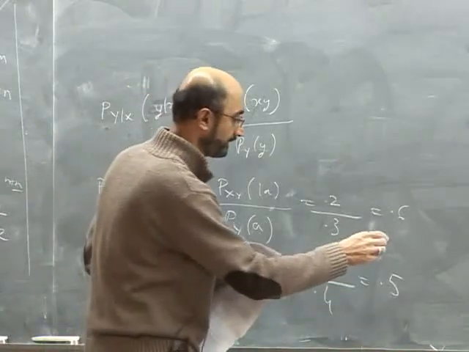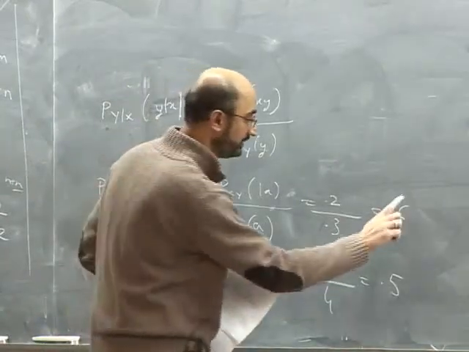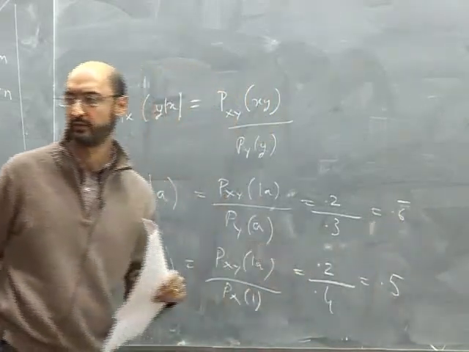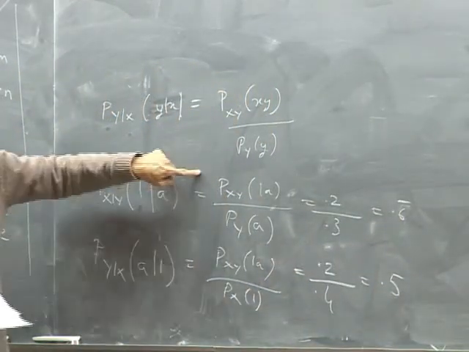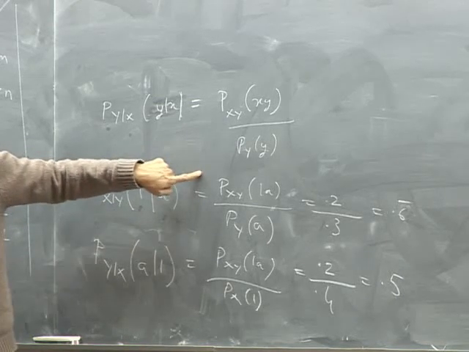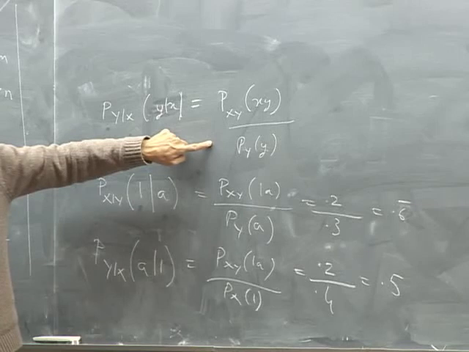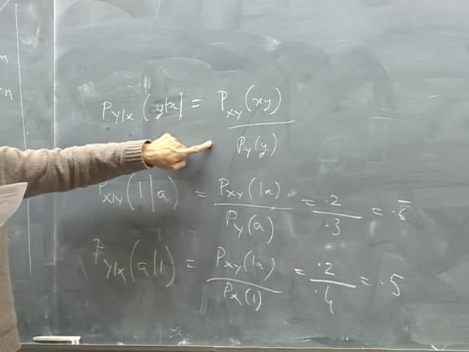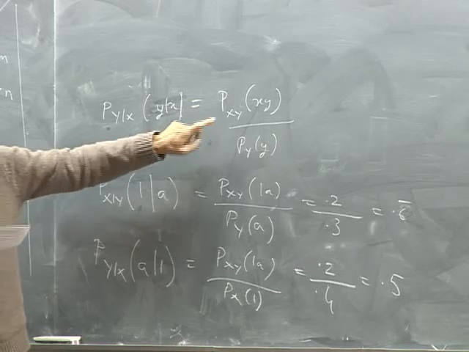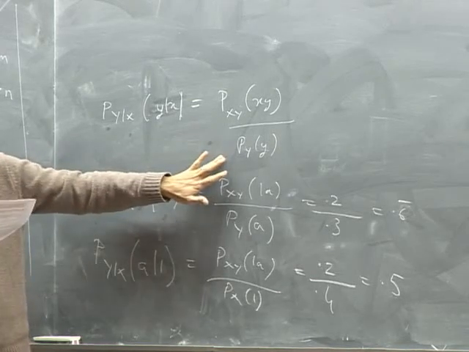It's 2 by 3. Well, it's 0.666, whatever. I was going to put the bar on top. Okay, this one. Yeah. Say that again. It's p x y over p y of y.